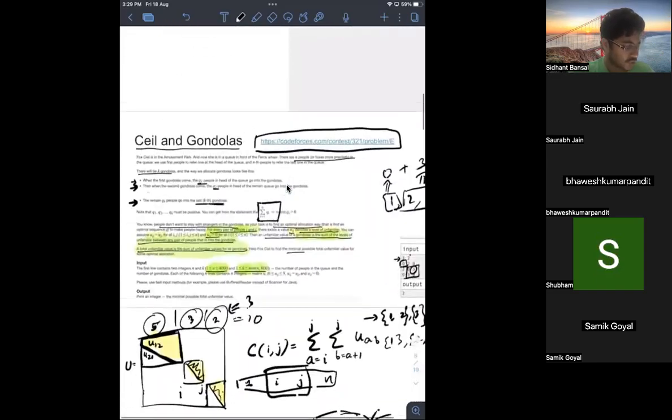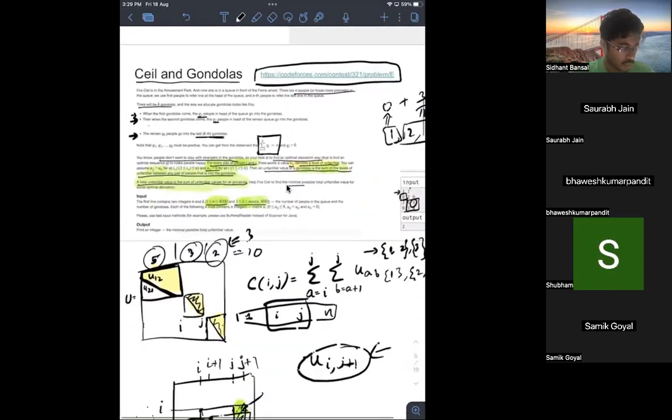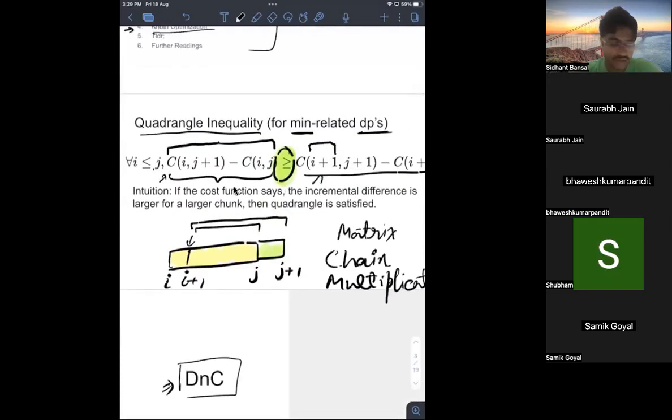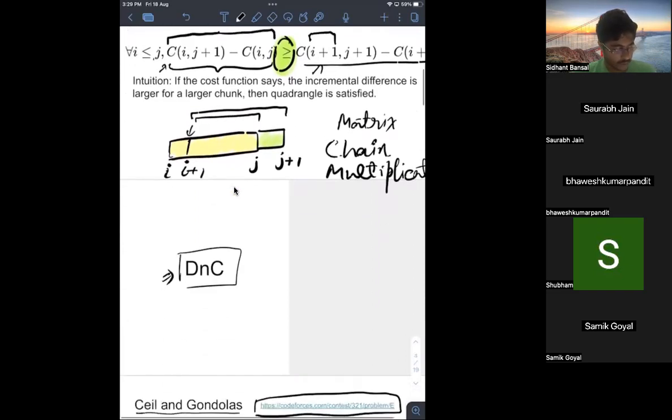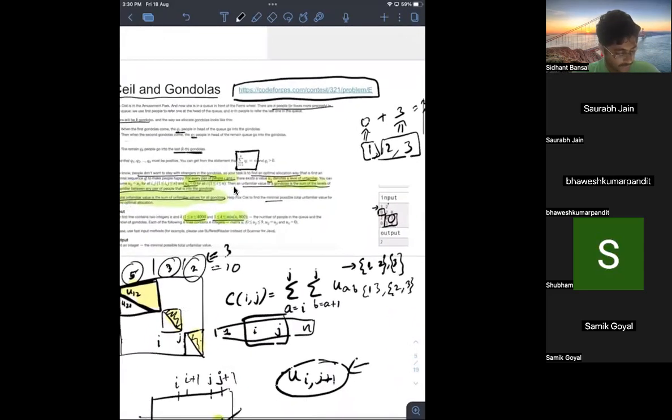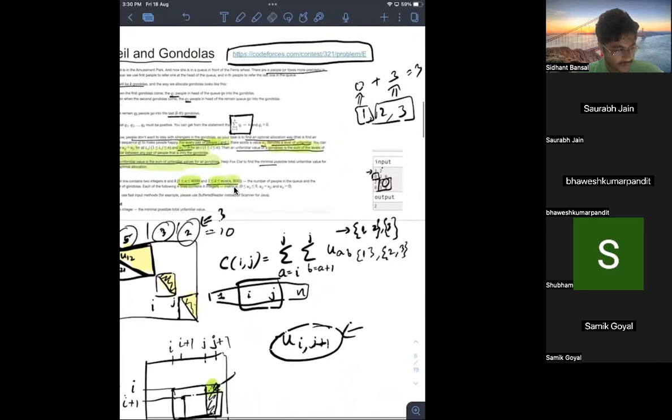Okay. So now we'll go through what the quadrangle inequality is. For a given DP question, we define the cost function of that DP question. In this particular question, your cost function is defined as this Cij. I've written it somewhere here. Yep, it's this thing. I'll just shade it in yellow.